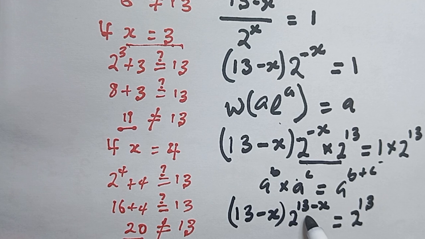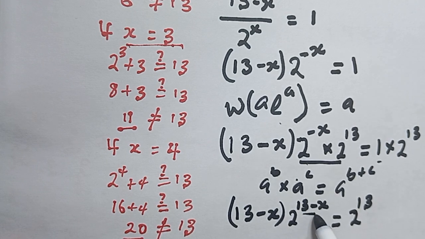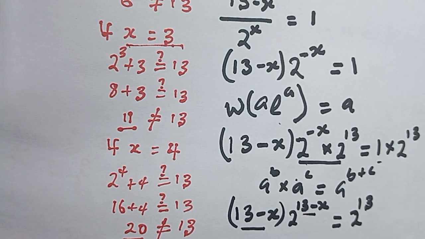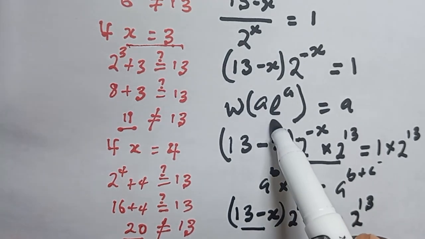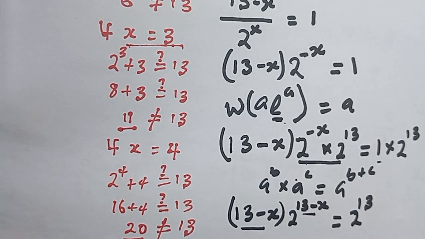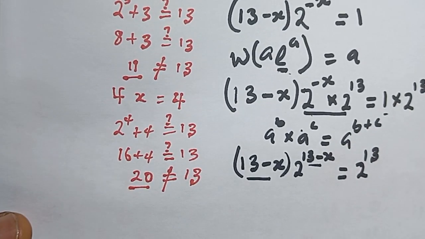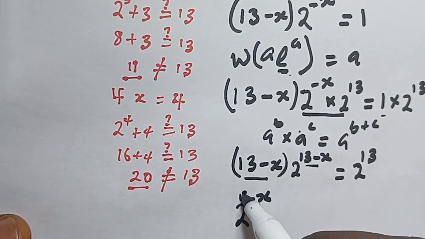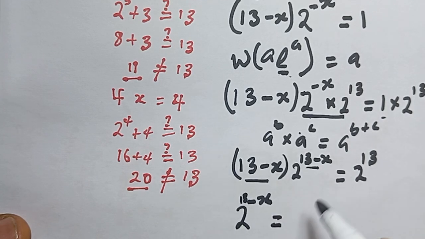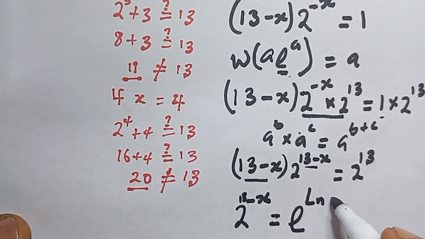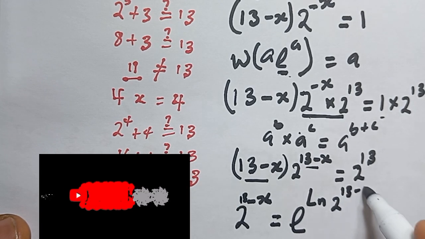You can see I've got the same thing at the power here, and the same at the base right there. But the next function I need to introduce here is the exponential function. To do that, I'm going to make some substitutions. In place of 2 power 13 minus x, I'm going to write exponential natural log of 2 power 13 minus x.